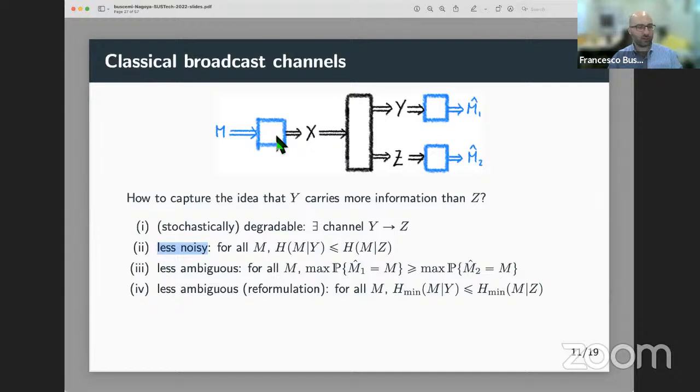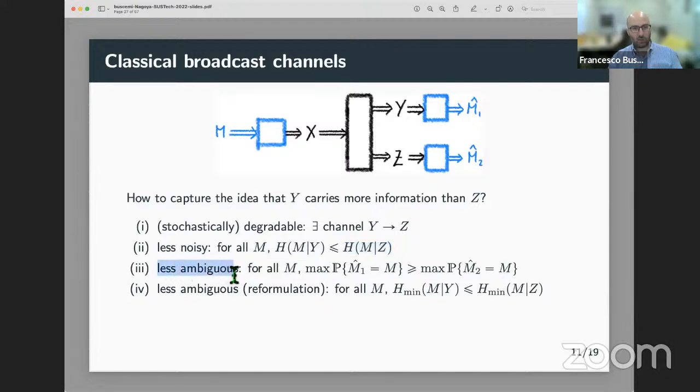So whatever the message I try to transmit through this broadcast channel X, the receiver receiving Y will have more information, because the conditional entropy about the message is lower than that of a receiver holding Z.